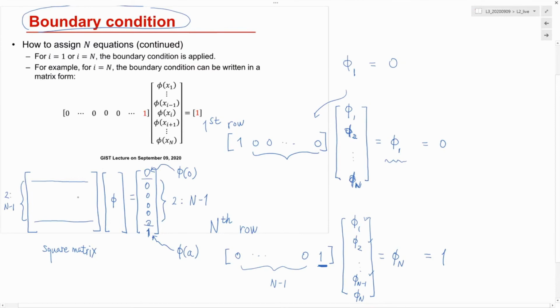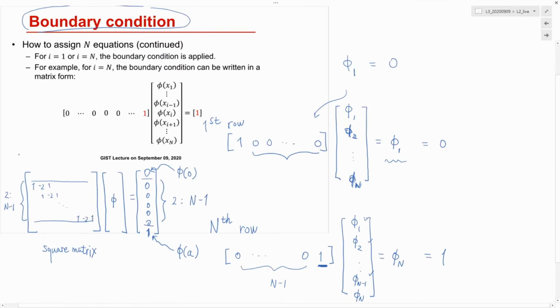There is a stamp like 1, minus 2, 1; 1, minus 2, 1. This stamp is just shifted until we arrive at the final row, the n minus 1 row.